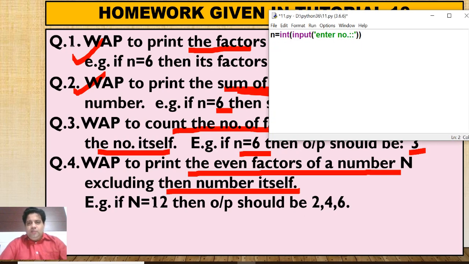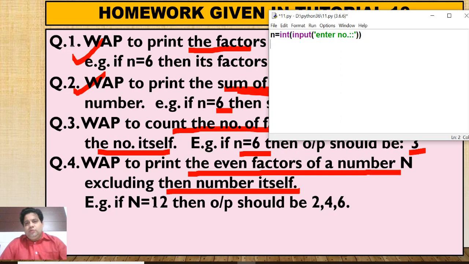So first of all, take input of number n. Now in this particular question, we have to combine two or more conditions after if inside the loop, that we have already discussed in the previous tutorial under the heading combining two or more conditions after if inside the loop.